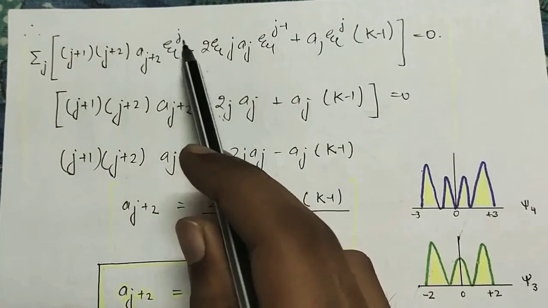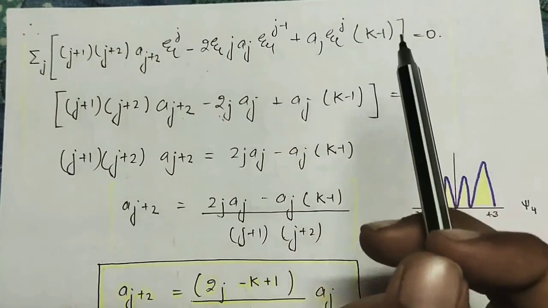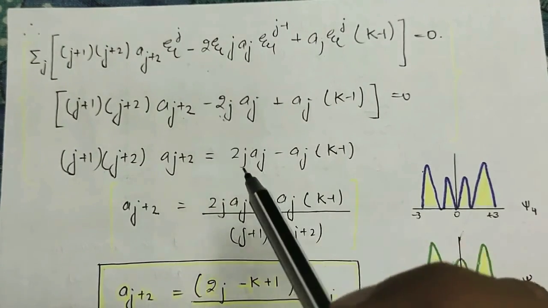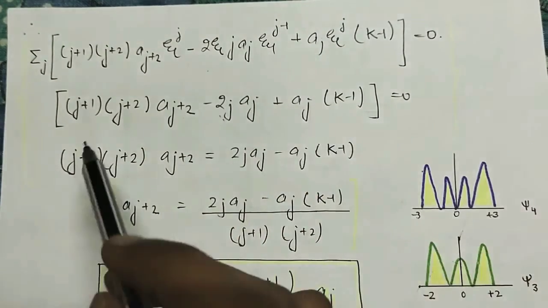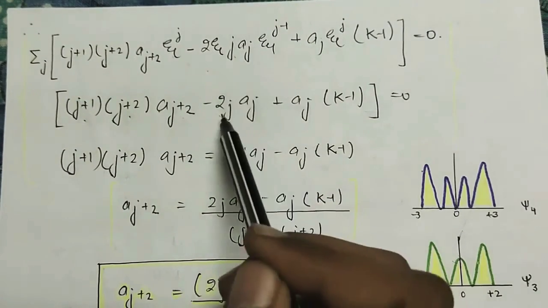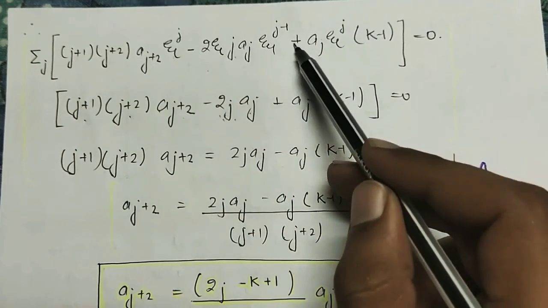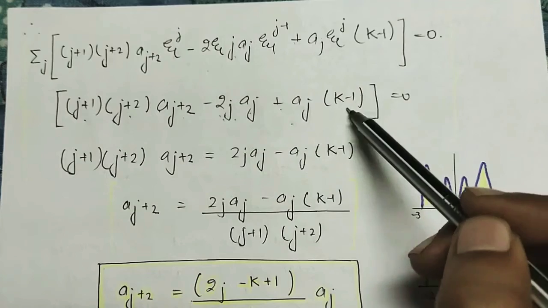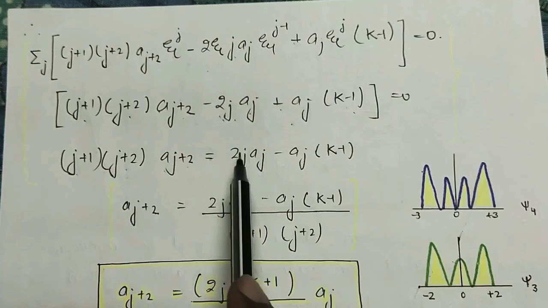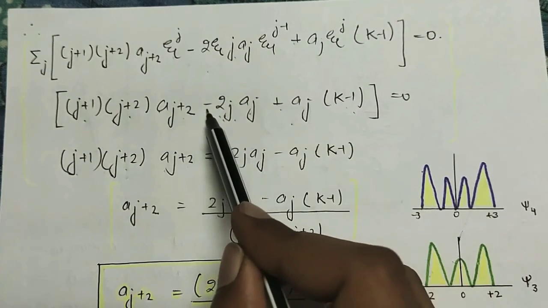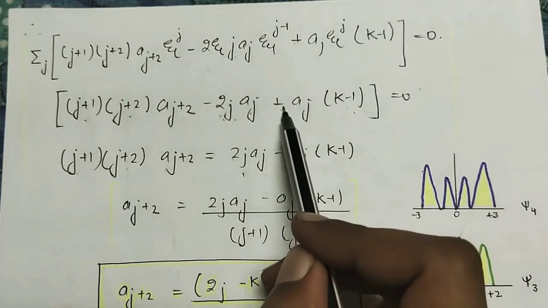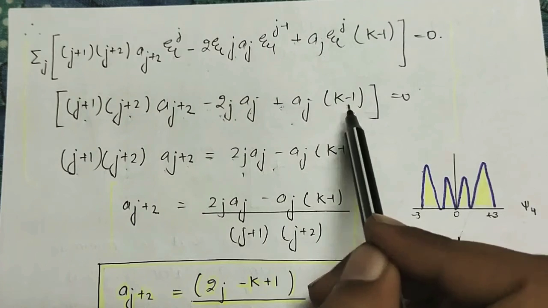Now in this equation, all terms have xi to the power j, so by taking it common we get the equation j plus 1 j plus 2 a j plus 2 xi j, minus 2j a j plus a j xi j, k minus 1. So j plus 1 j plus 2 a j plus 2 equals 2j a j minus a j k minus 1; the sign is changed, and the rest is as it is.